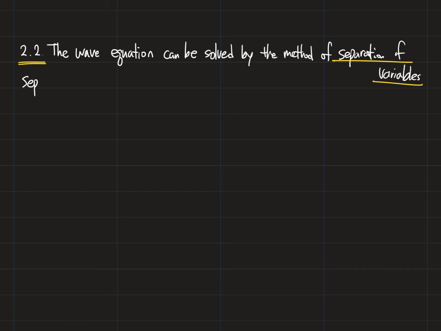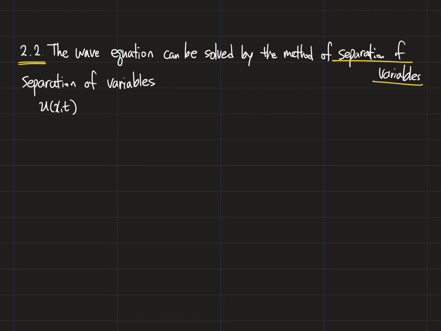We will tackle the wave equation using a very powerful technique called separation of variables. The core idea is to assume that our solution, displacement u, which has two independent variables, x and t, can be simplified.